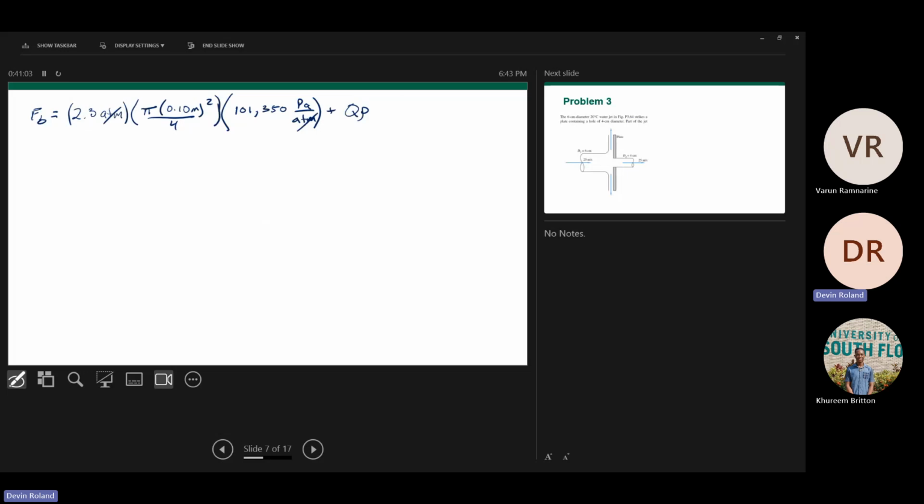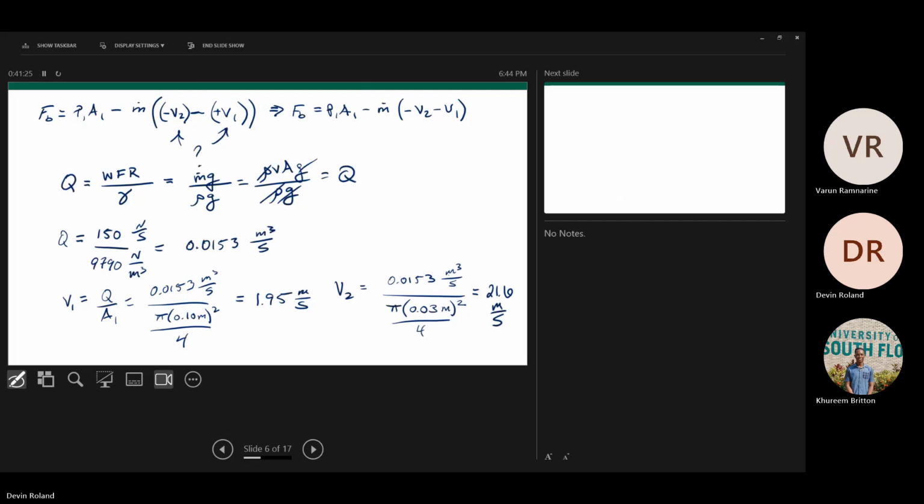That's the way it's most commonly seen. So that's going to be our m dot, and that's going to be multiplied by our velocities. How did I write it? Yeah.